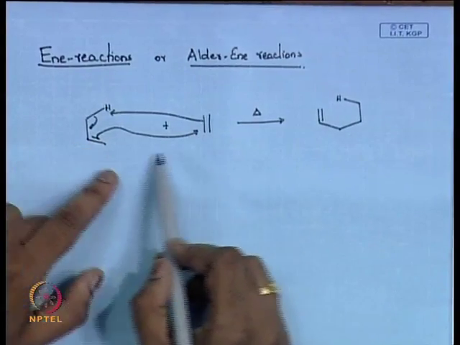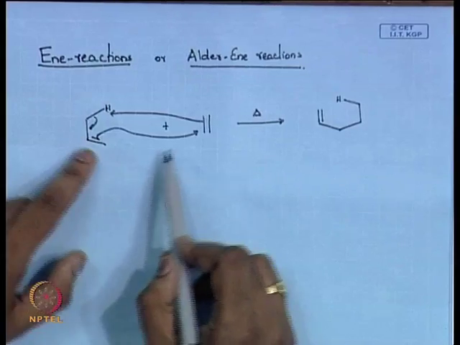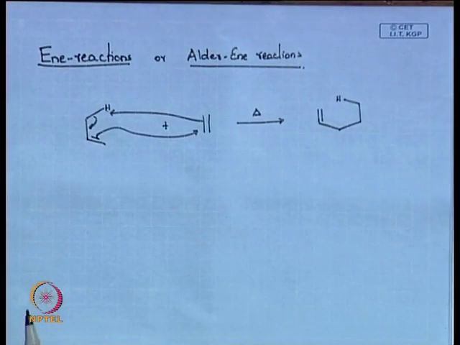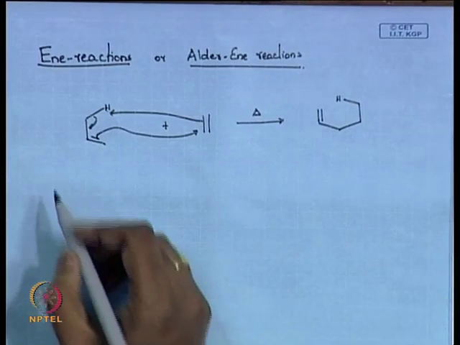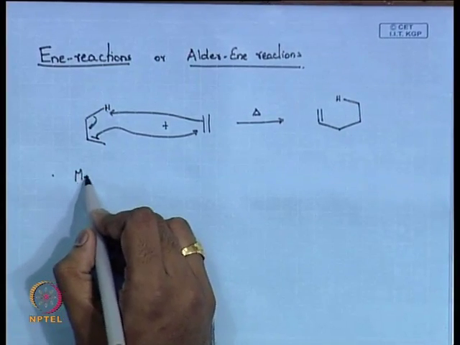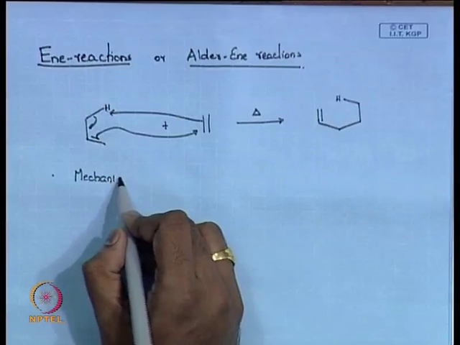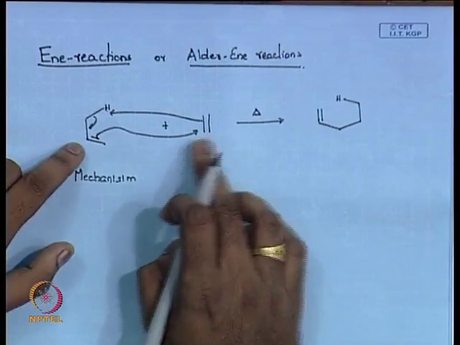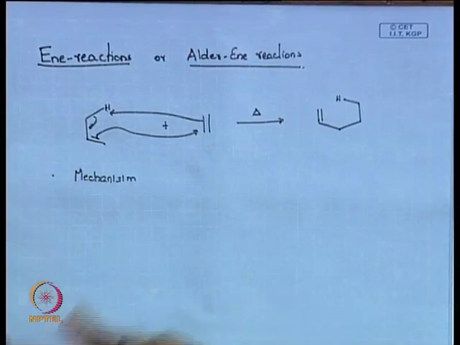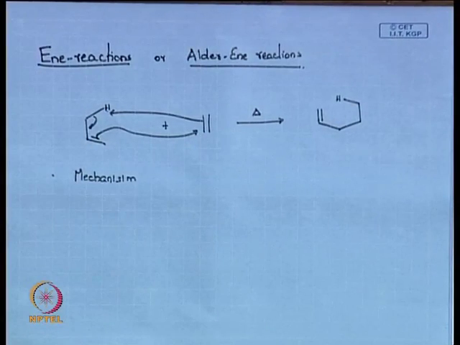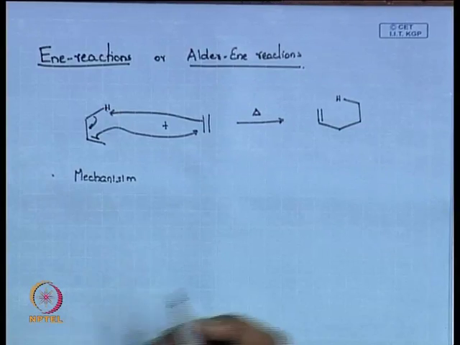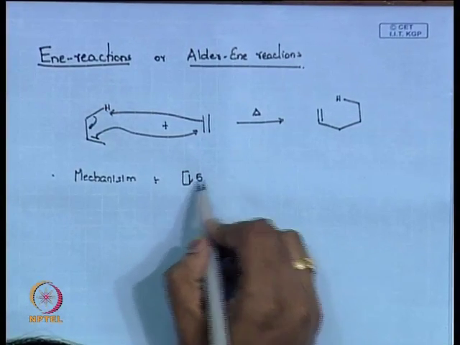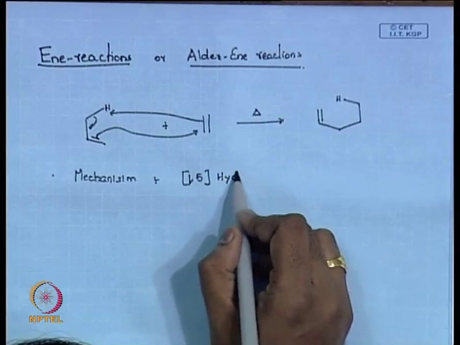If we connect these 2 systems by a sigma bond, then if you view this reaction mechanistically, how will this look? Exactly, you can see this as a 1,5 hydrogen shift.